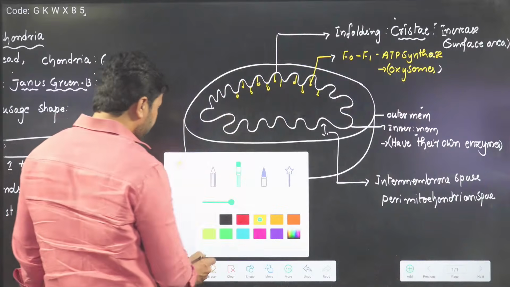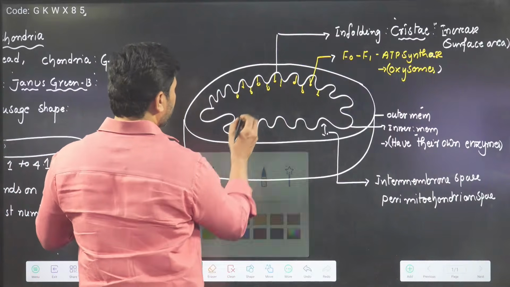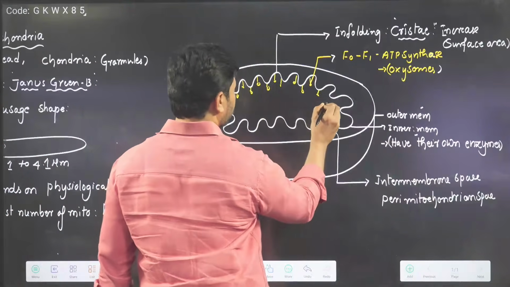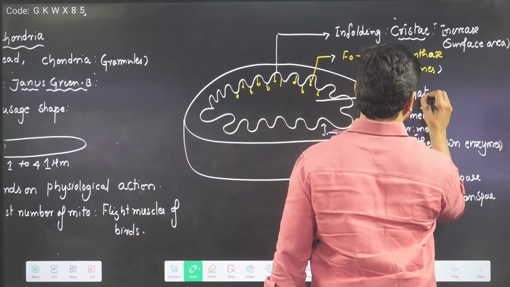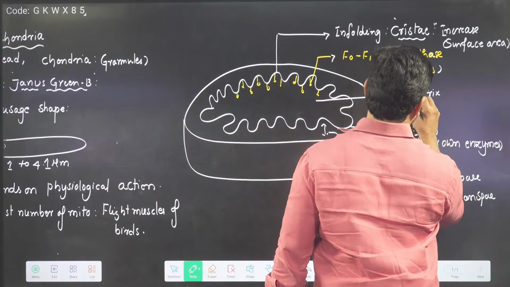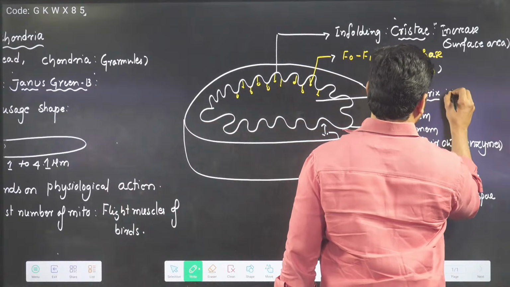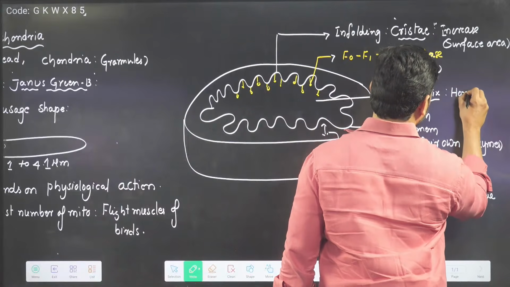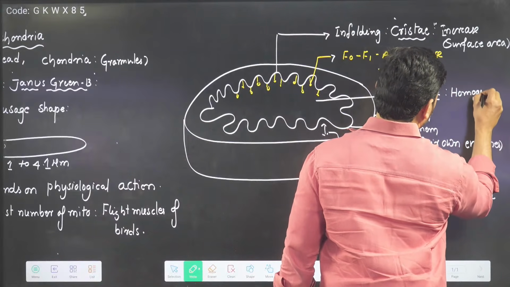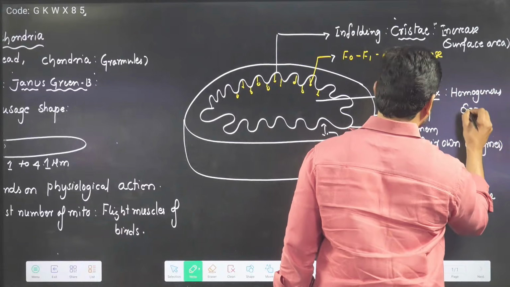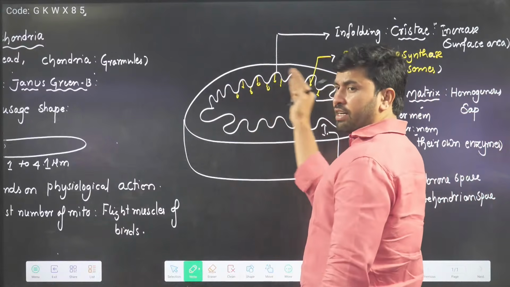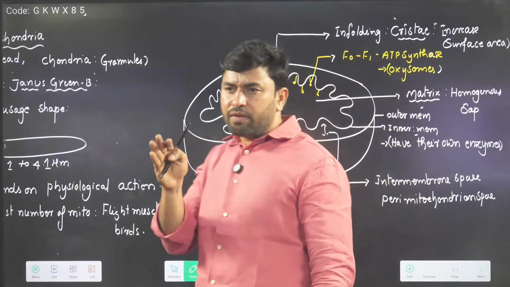The inner area of our mitochondria is known as the matrix. What do you call that area? Matrix, which is filled with homogenized fluid or homogeneous sap. What does it mean by homogeneous sap? All over the area, the same kind of material will be present.